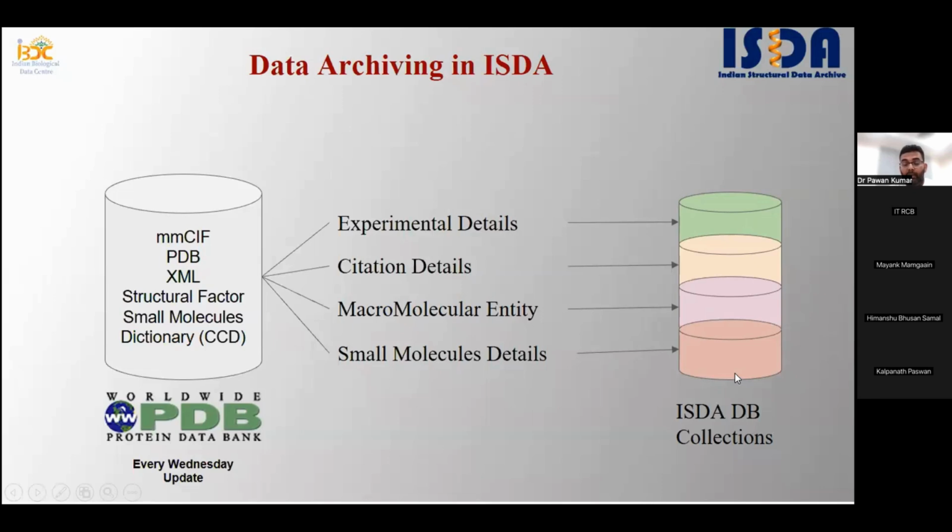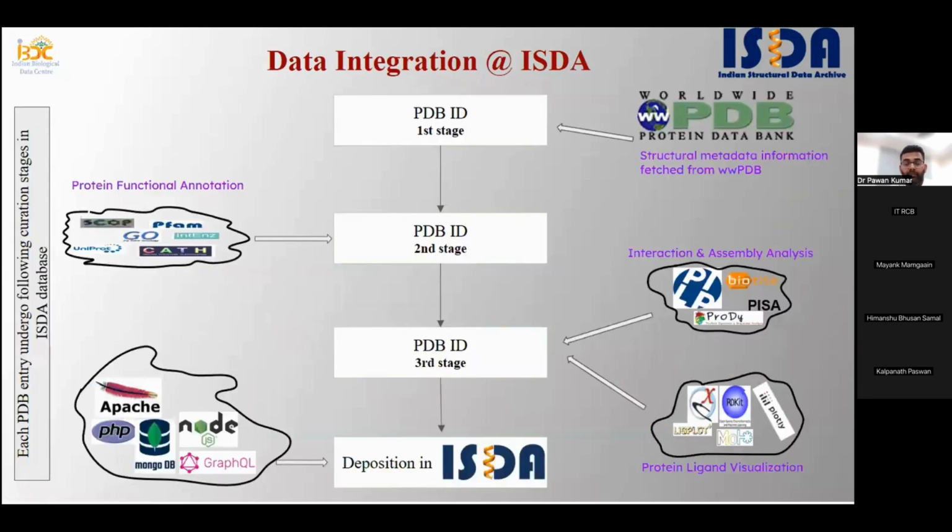After getting this first stage information from the wwPDB, we annotate all the PDB entries in terms of SCOP, CATH, or GO, or the UniProt ID, or the entry ID, so that it gets more relevance in terms of functional annotations. Then at the next stage, we put more interaction and assembly analysis information.